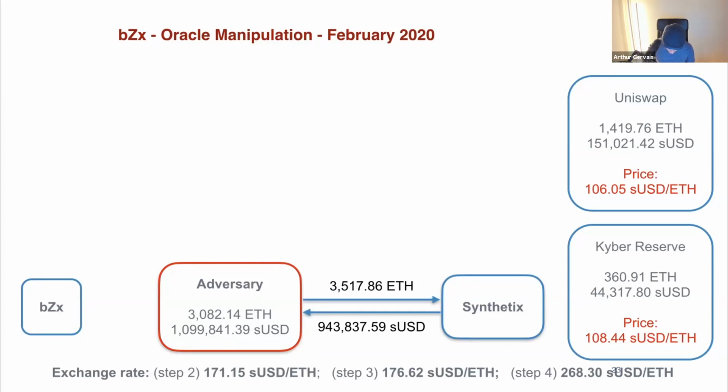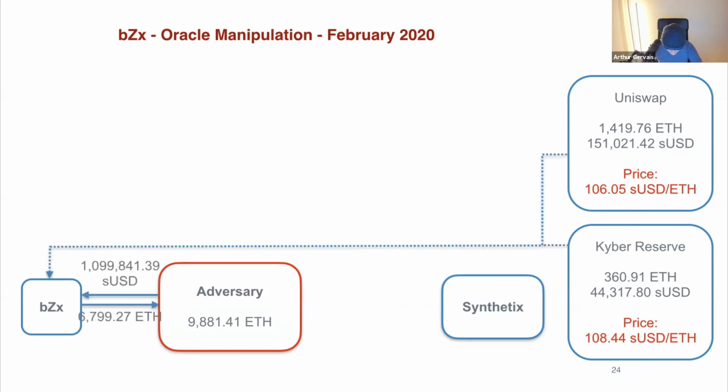Then in the fourth step, we go to Synthetix. We deposit about 3,500 Ether, and we get close to $1 million US dollars back from Synthetix. And finally, the adversary goes to BZX, where he collateralizes roughly 1.1 million US dollars in exchange for 6,800 Ether. So how does he get so much Ether in this particular step?